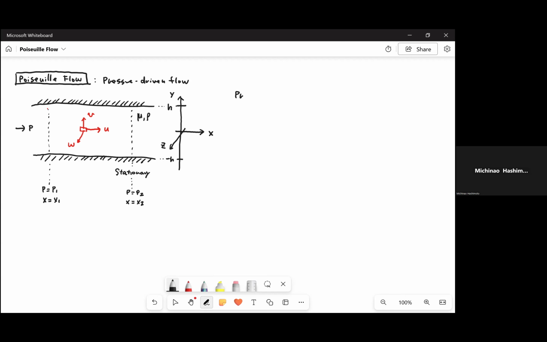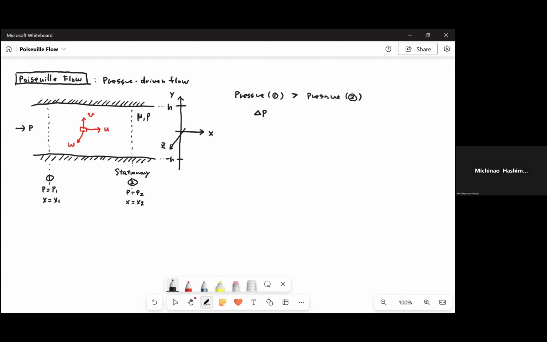We have the pressure at number one, the upstream, and the pressure at number two. Pressure at one is always greater than pressure at the downstream. That makes sense, because otherwise flow is not going to occur.